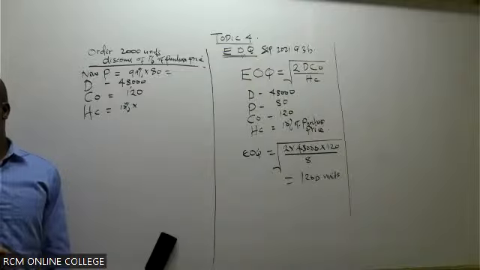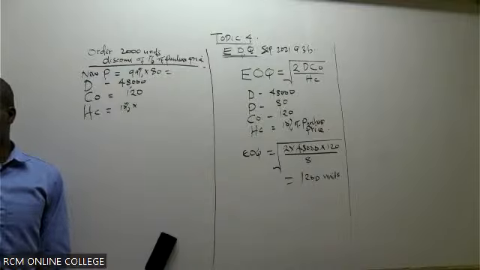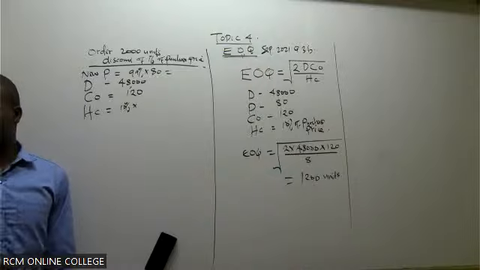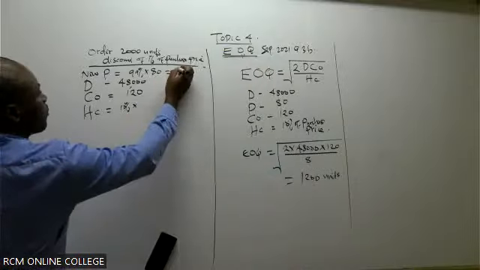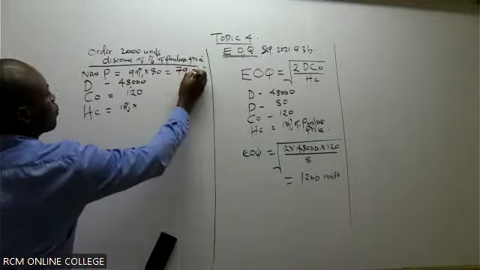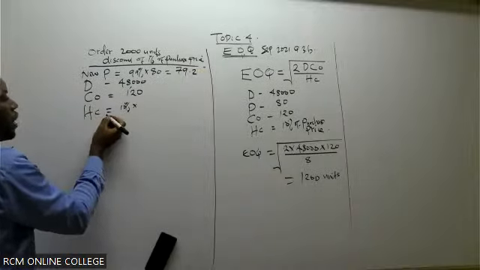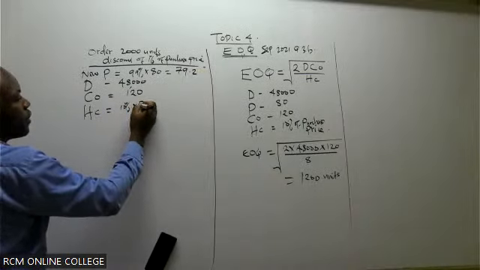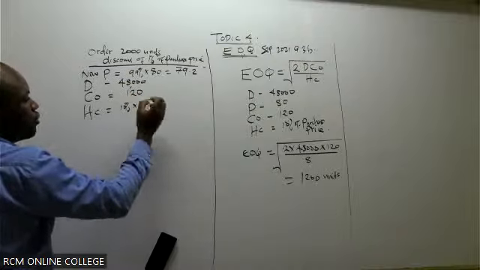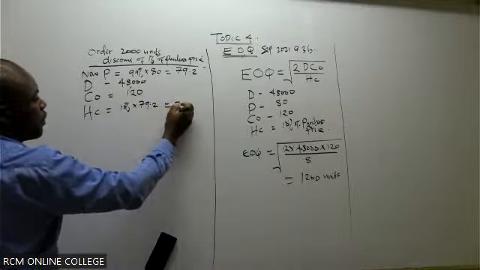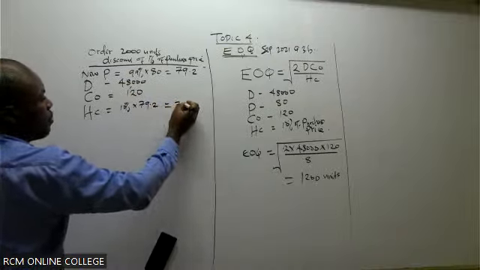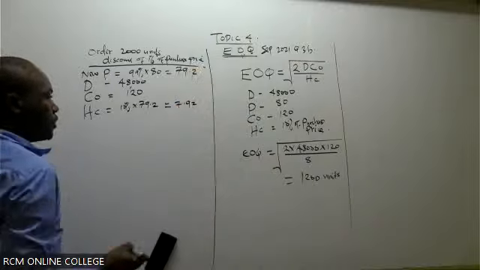That is 99% of 80, which is 79.2. It means our holding cost here is going to be 10% of 79.2, which will give us 7.92.